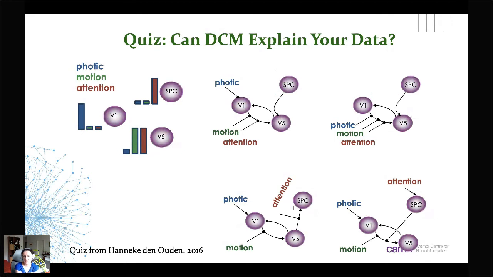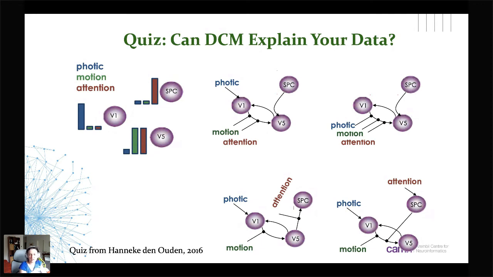Okay, so would anyone like to answer this? So let's have a poll. I'm going to use the poll. So we have here upper. So which DCM describes regional activity?